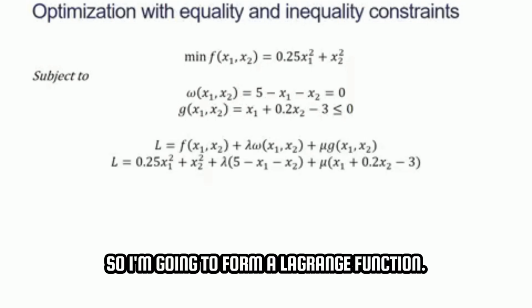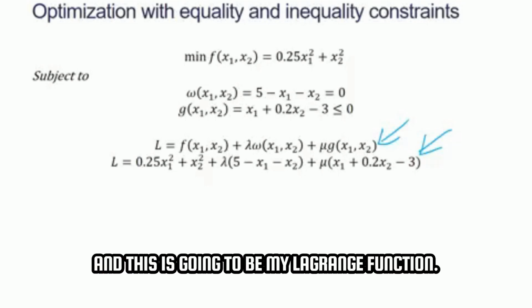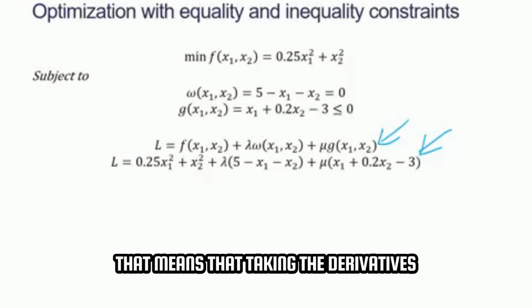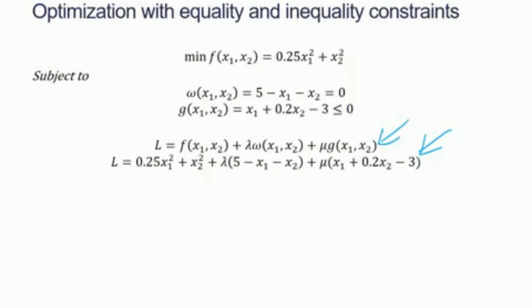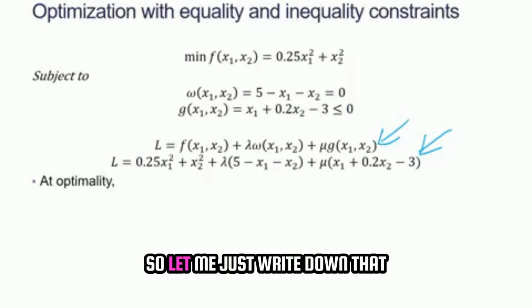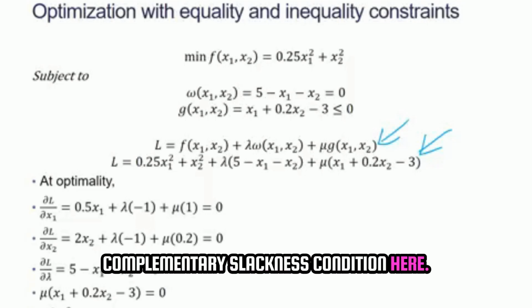I'm adding a term mu g(x), and this is going to be my Lagrange function. Now we take the KKT conditions, that means taking the derivatives and the complementary slackness condition. Let me write down that complementary slackness condition here.